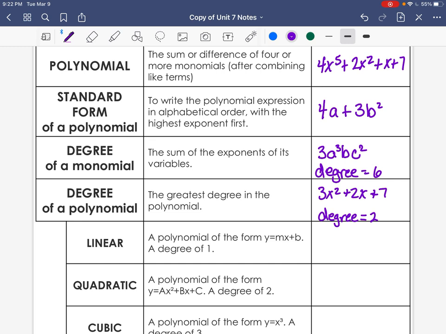So you are looking at the exponent. I'm going to write that over here. As a reminder.